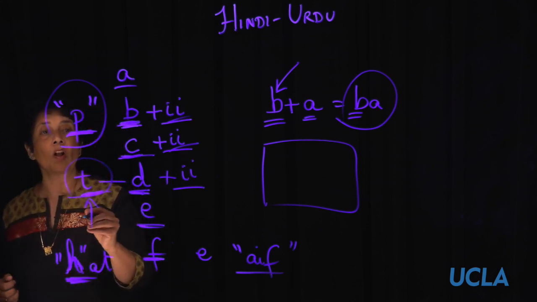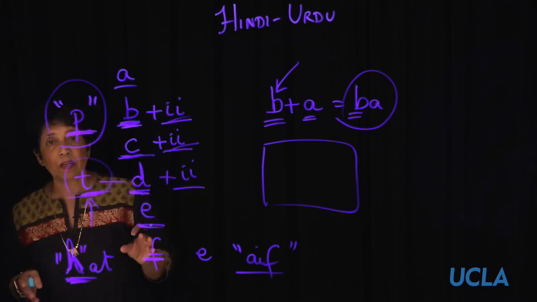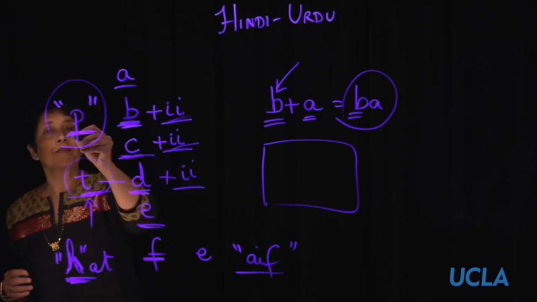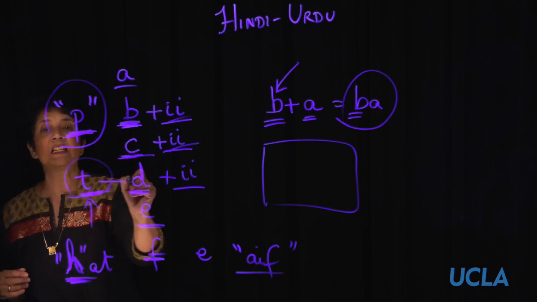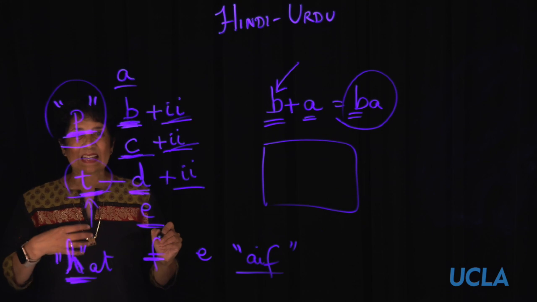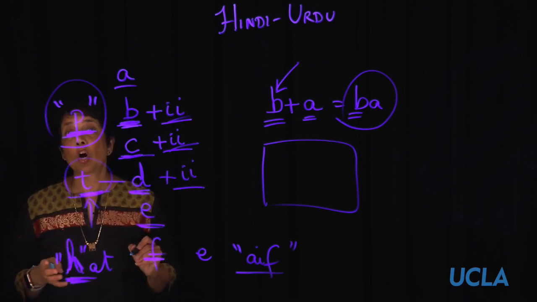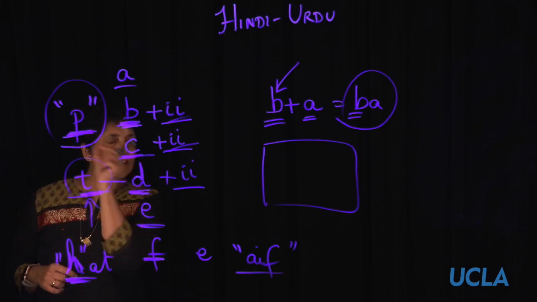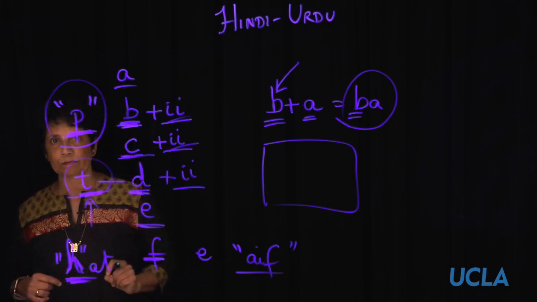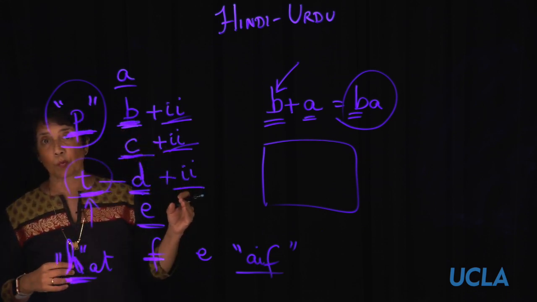This is called aspiration. This burst of air that accompanies the production of consonants like pa or ta in English, or ka, like king, keep, could. It's aspirated slightly, as different from when you take it at the end of a word.